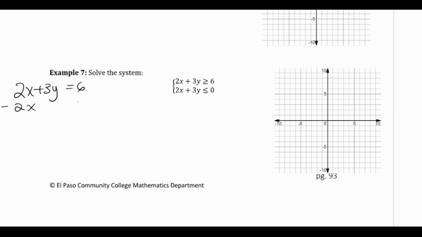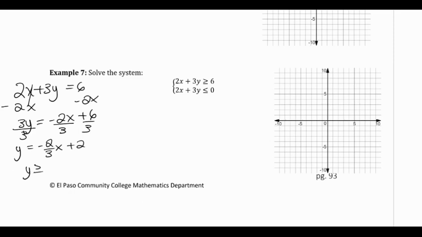We subtract 2x on both sides. So we have 3y equal to negative 2x plus 6. Divide everything by 3. So that's y equal to negative 2 over 3x plus 2. My sign stays the same, so this is y greater than or equal to negative 2 over 3x plus 2.